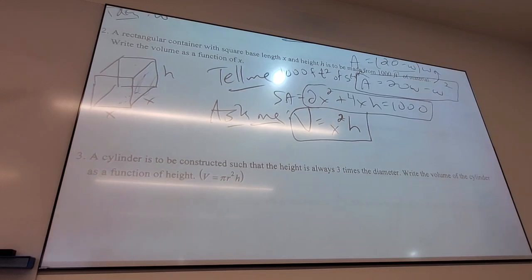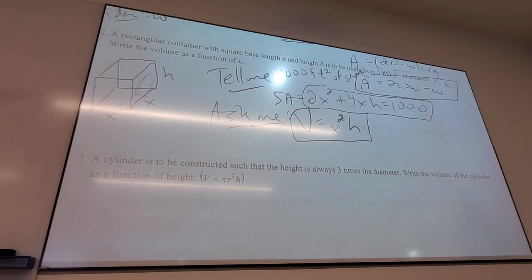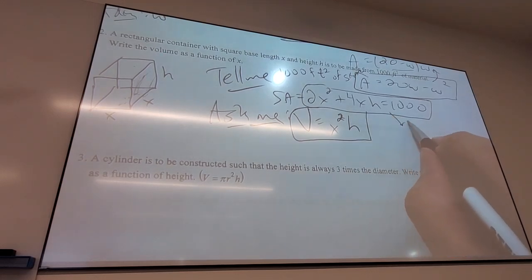Let me stop for a minute. What variable do I want to get rid of in the volume formula? Because they tell me to write it as a function of x, right? What do I do? Yeah, I take what they told me and I solve for h. The letter you want to get rid of, you solve for it, because then you're able to replace it. So how do I solve this for h?